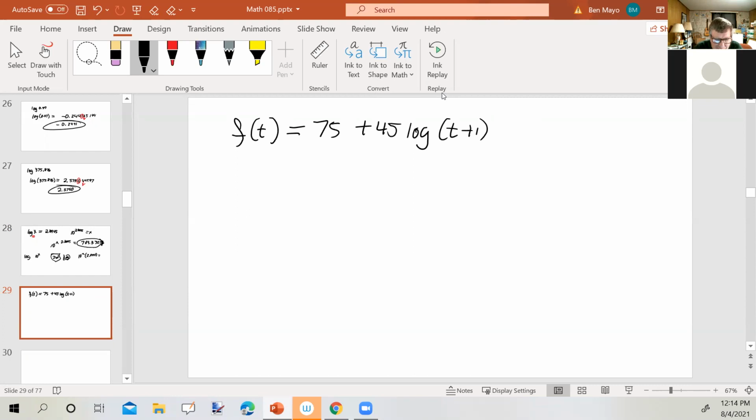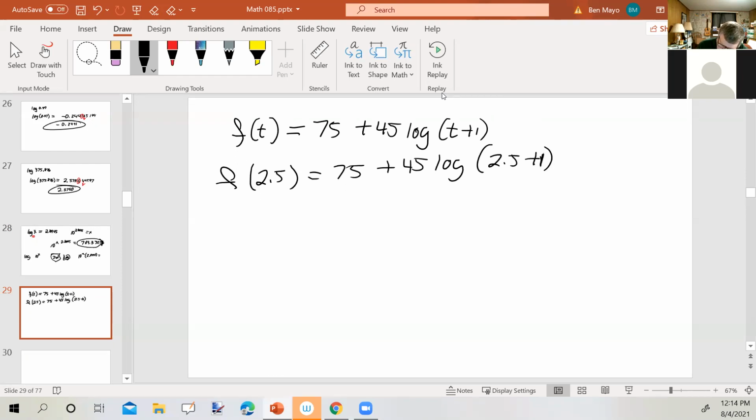So t is time in years. So 2.5 years, we're going to find f of 2.5, which would be 75 plus 45 times the log of what? 3.5.